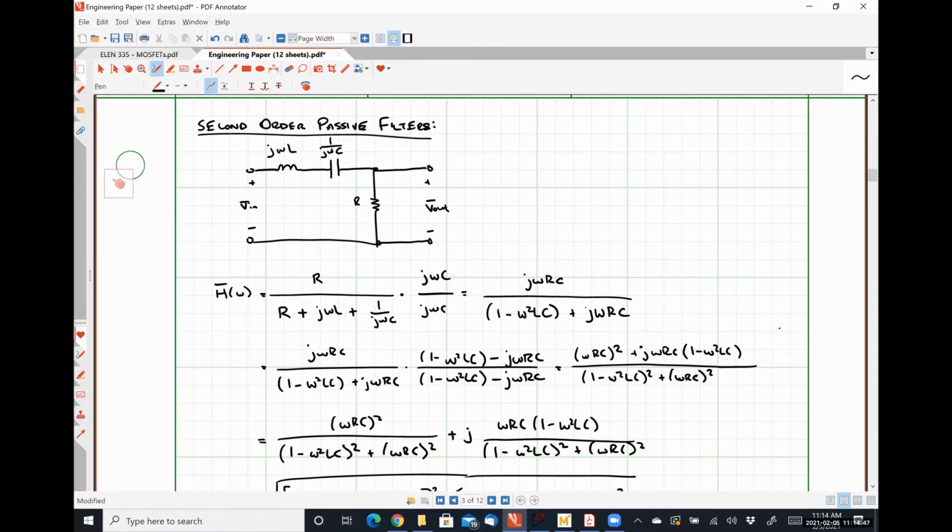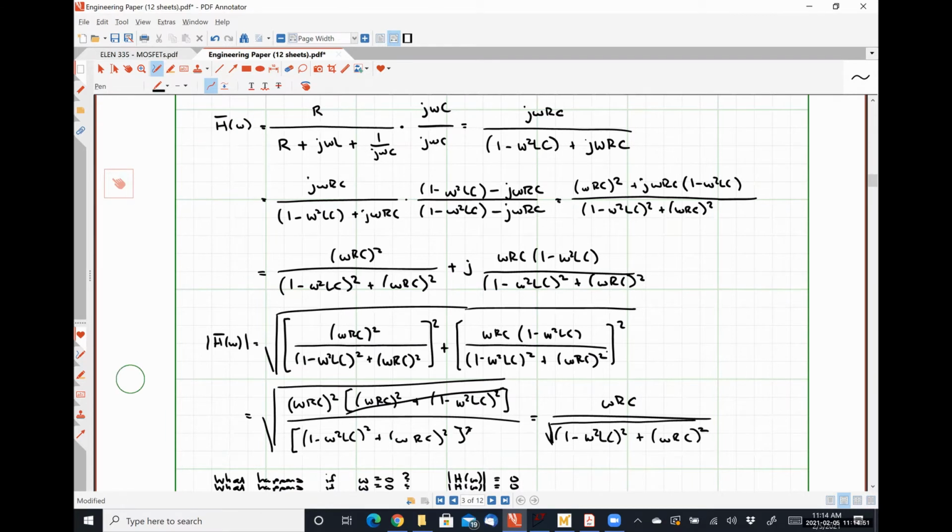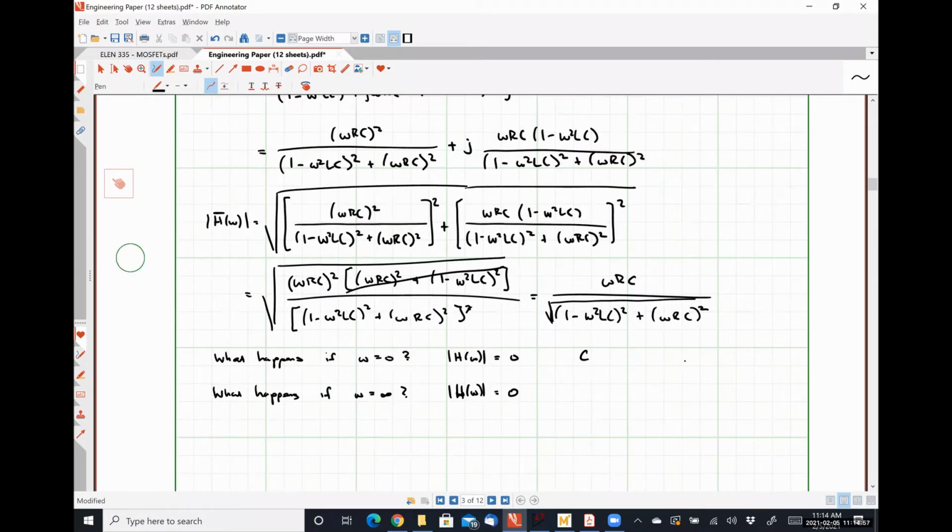So I'll just put in the notes here, capacitor is open circuit. And here, the inductor is playing the role of the open circuit. Low frequencies, 0, for very high frequencies, 0, but it's not 0 everywhere.